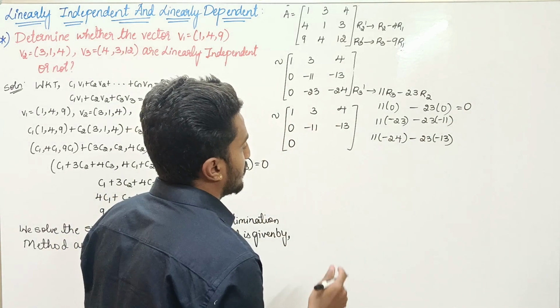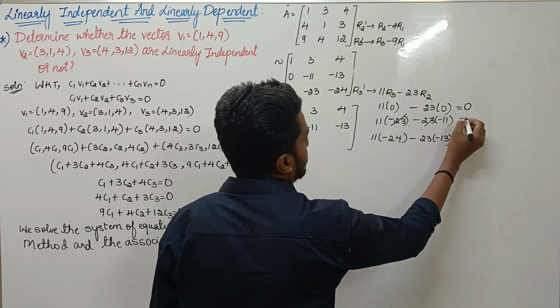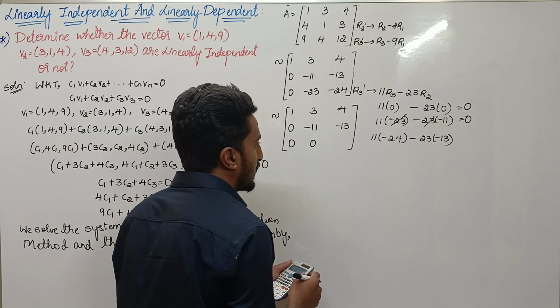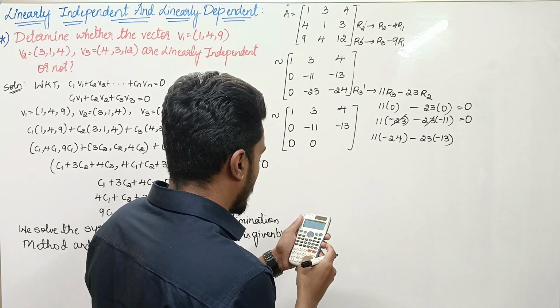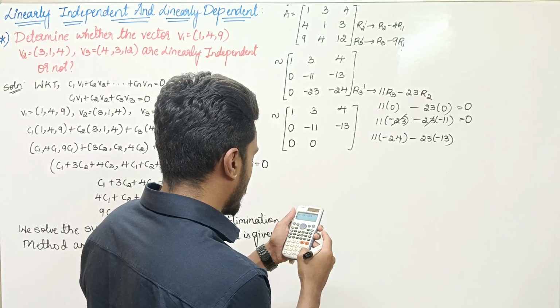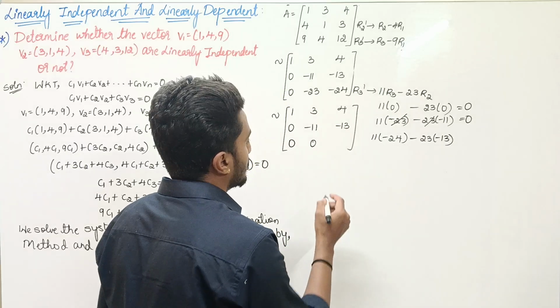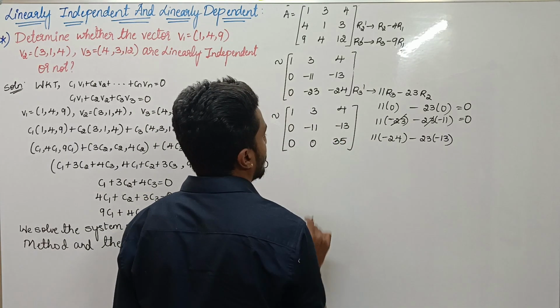Next, minus into minus is plus, and this cancels, giving 0. The last term is 11 into minus 24 minus 23 into minus 13, and we get 35.